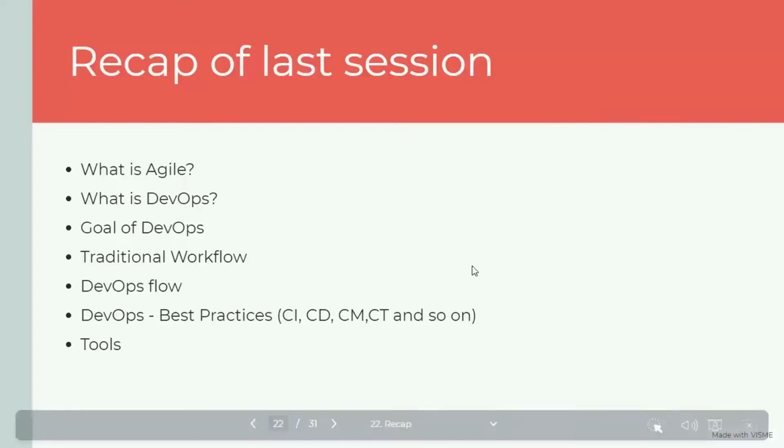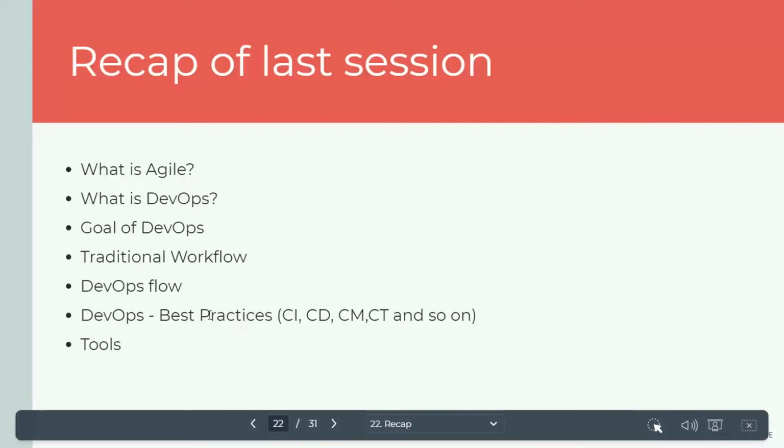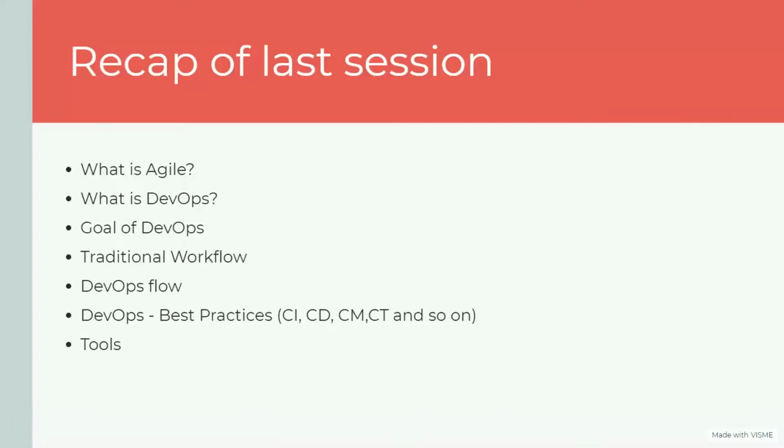Okay. And then the next one is DevOps best practices. We have said that DevOps means culture and a set of best practices; it's not any standard or tool. So when it comes to best practices, there are many things. The most widely used are CI, continuous integration, deployment, monitoring, continuous testing, and so on.